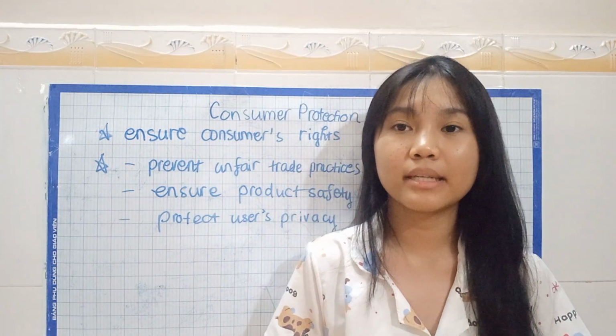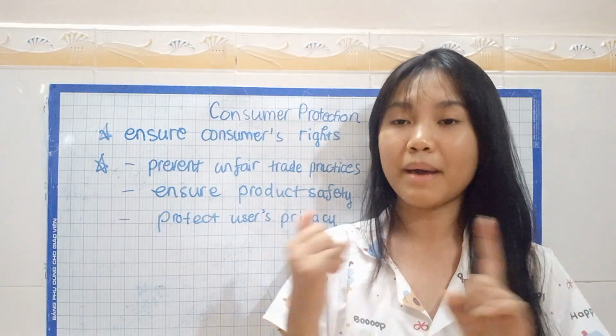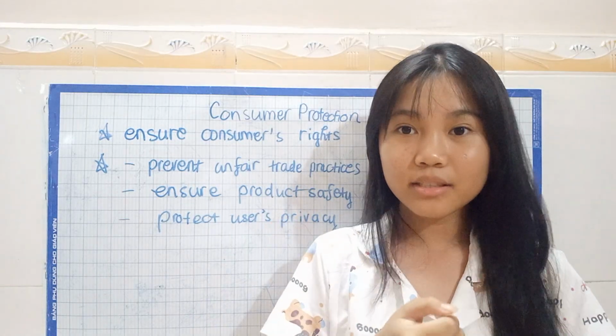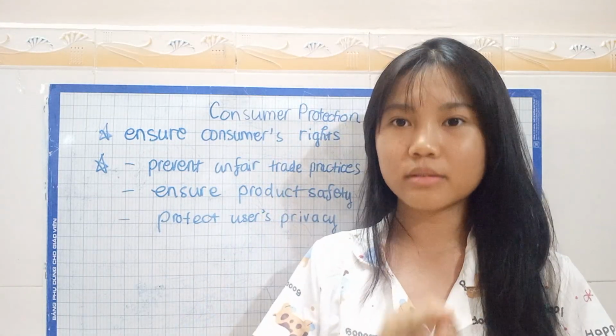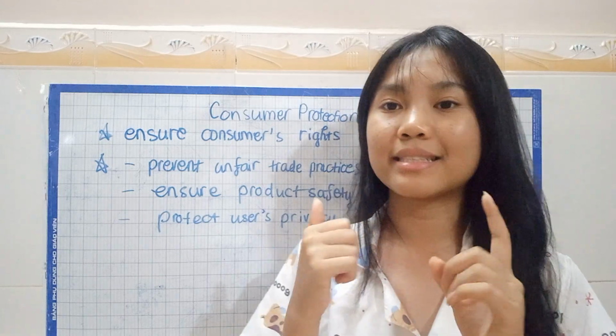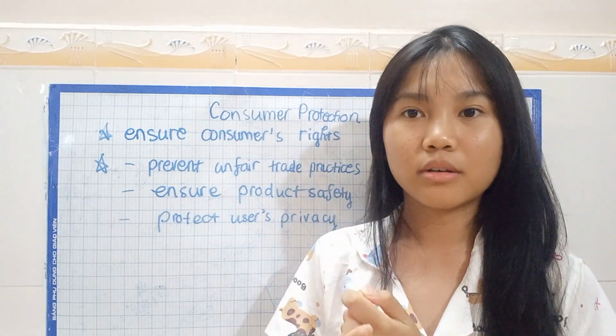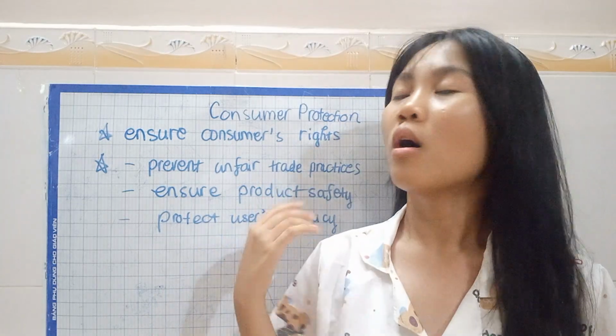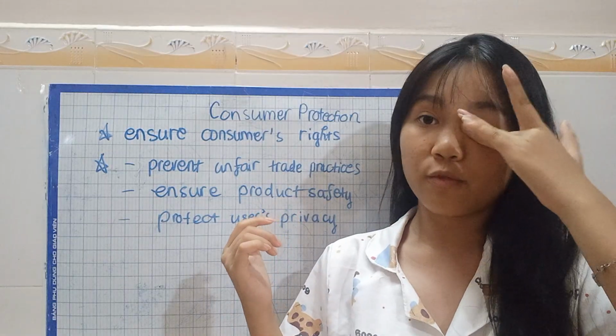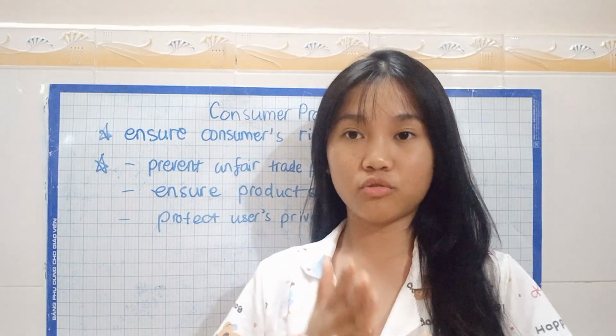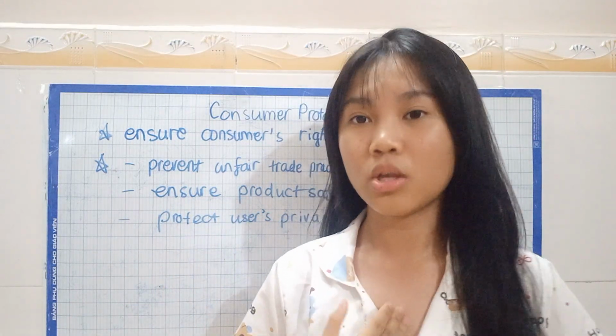We want our consumers to get the best product, one that matches its description, that actually works, that's safe to use, and that's actually usable. We want to prevent them from being in an unfair trade when they have to trade their money for something that they cannot use or something that's not safe to use.